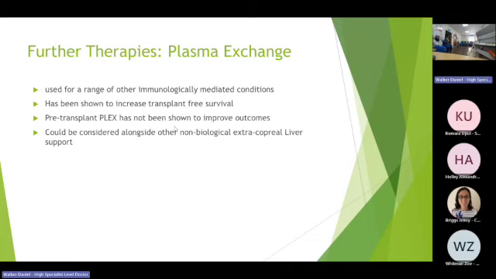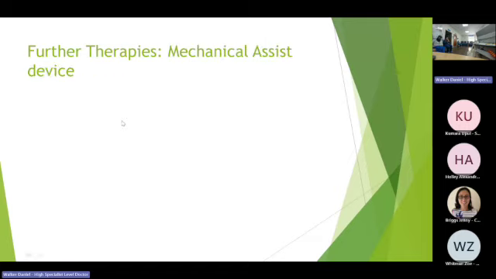Obviously we're well versed with dialysis machines and renal replacement therapy machines. Trying to make a liver machine has proved trickier. Essentially you've got two: the non-biological and the biological. The non-biological are essentially based on renal replacement therapy.